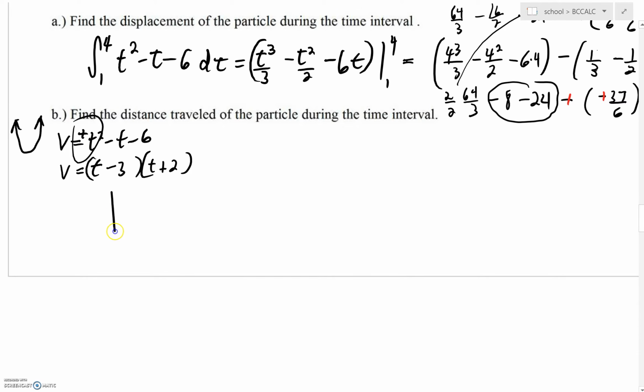So I'm going to make a real quick graph of velocity here. And I'm going to say that I've got a t-intercept at negative 2, also a t-intercept at 3. And I know I'm opening upwards. By the way, if I plugged in a 0 for t, I'd have a y-intercept at negative 6.